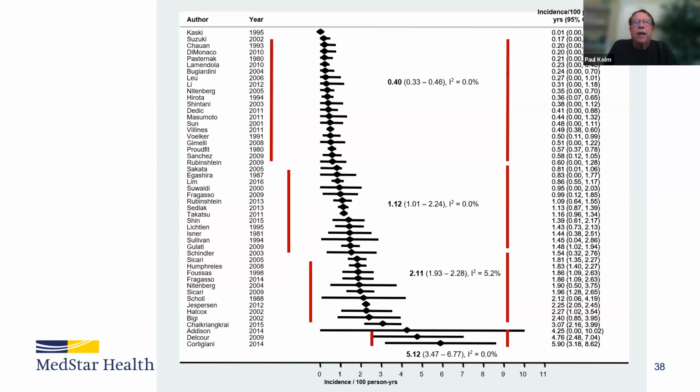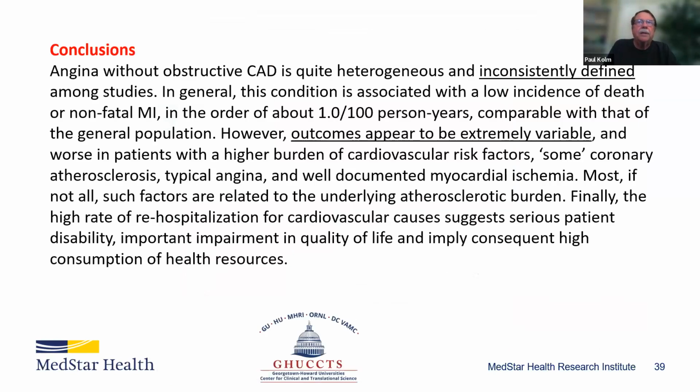But then, of course, what you would have to do is look at whether there is something about these studies that would indicate why they're different from another set of studies, or what it is about that set of studies that's identifying the outcome or different outcomes.